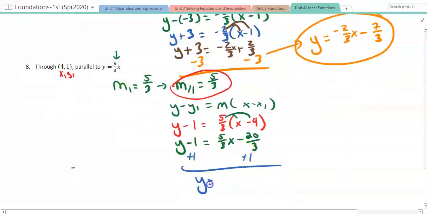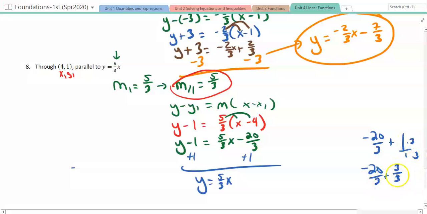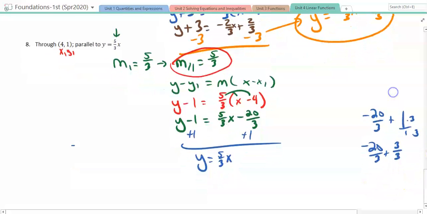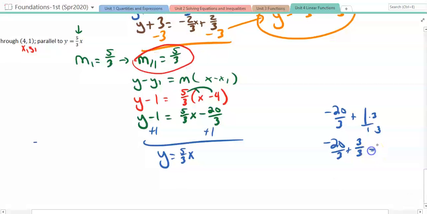And so we're going to get that y is equal to 5/3 x, and I'm doing negative 20/3 plus 1. Remember, that's over a 1. So negative 20/3 plus 3/3, because I'm going to multiply both the denominator and the numerator by 3 to get my common denominator. And so that is equal to negative 17/3.